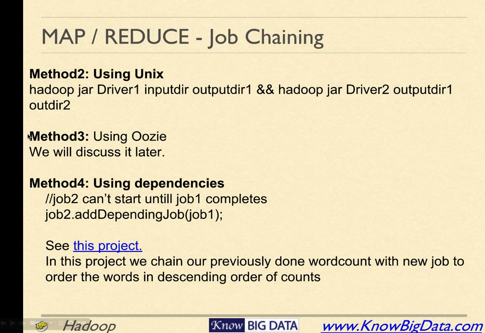I've created a separate project for this. Have a look at the project. You will get thorough clarity on how to use dependencies and how to do the chaining of jobs. So Damodaran, the ampersand is not a property of Hadoop.